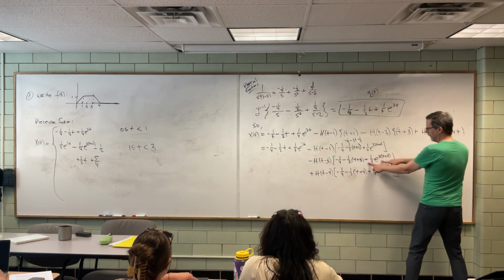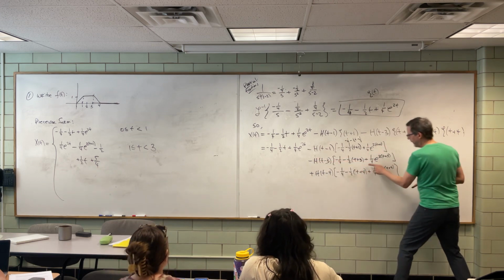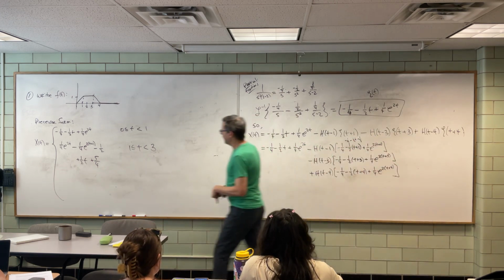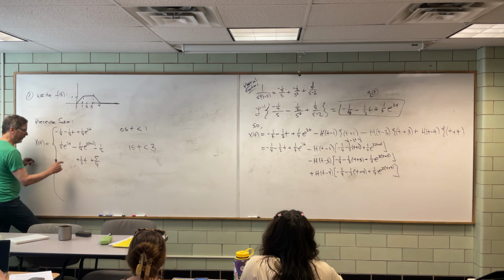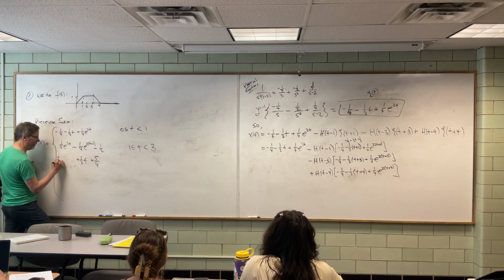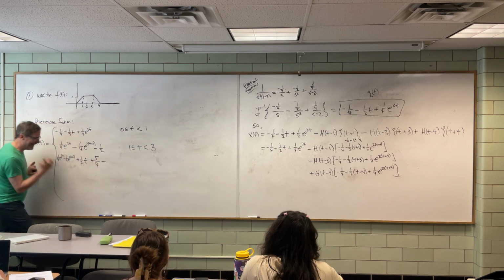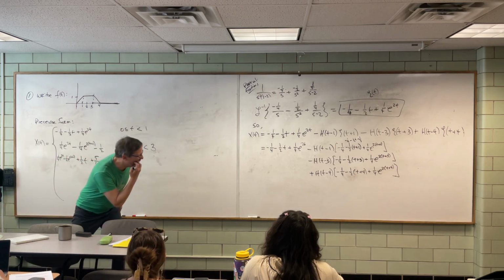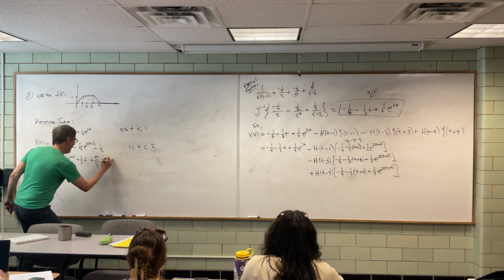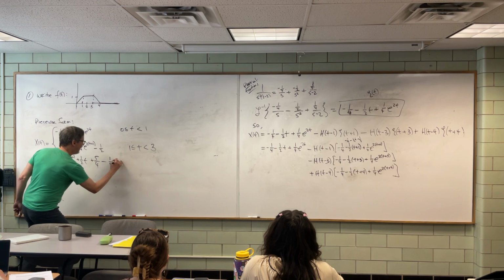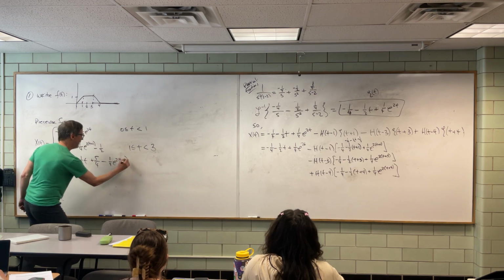And then this nonsense minus this beast. And then these two are still there. So let's see, so we've got 1/4 e to the 2t minus 1/4 e to the 2t minus t plus 1 minus, it will be a minus 1/4 e to the 2t plus 3.